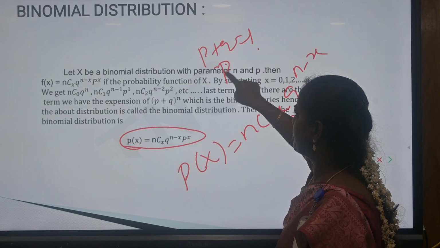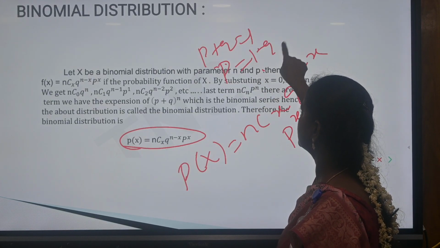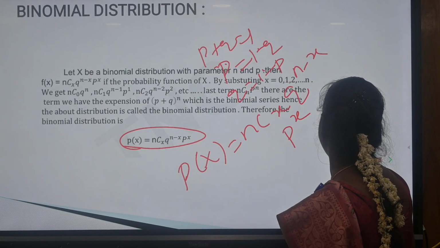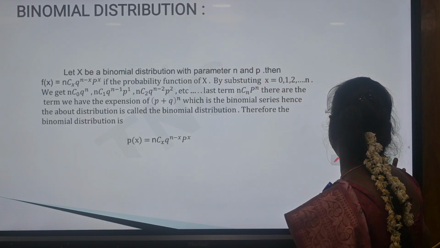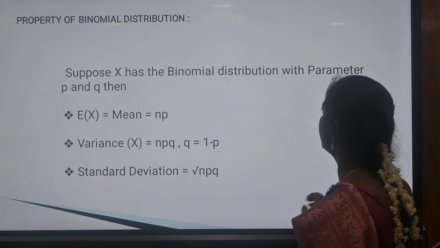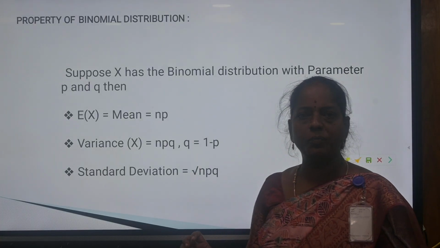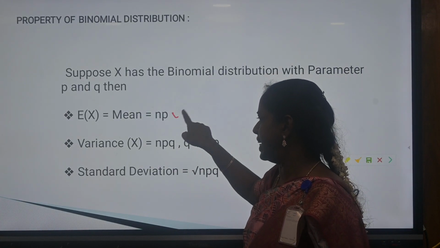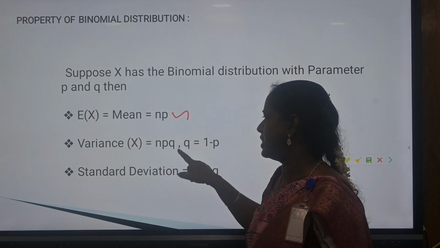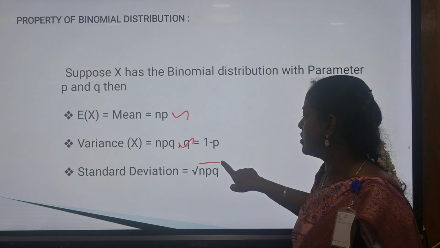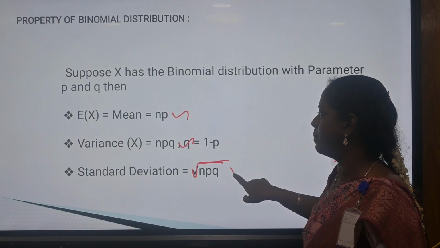From this we can find Q equal to 1 minus P. And then properties of binomial distribution. In binomial distribution, the mean value is NP, the variance is NPQ, and the standard deviation is the square root of NPQ.